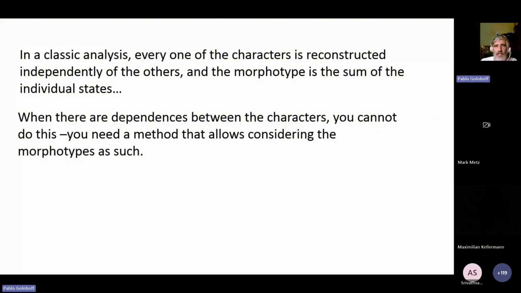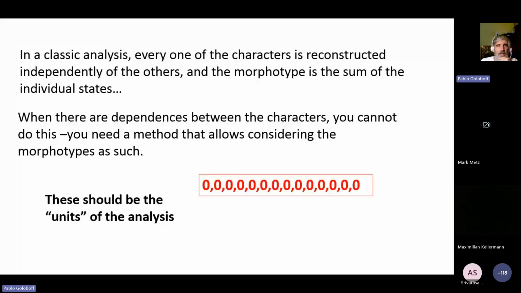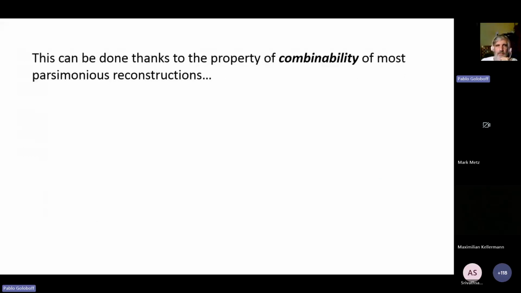So what you need is a method that allows considering the morphotypes as such, that is the entire ancestral condition. That is, the units of analysis should be the strings of zeros and ones that you can have. That sounds impossible, but it can be done relatively easily, thanks to the property of combinability of most parsimonious reconstructions.